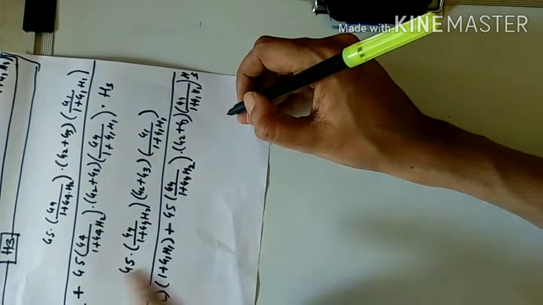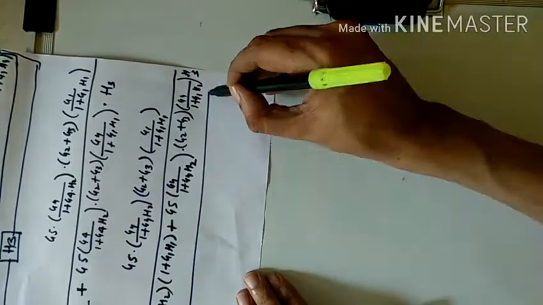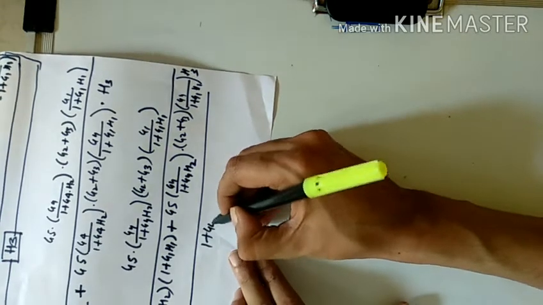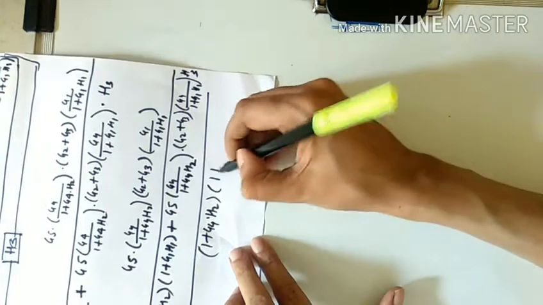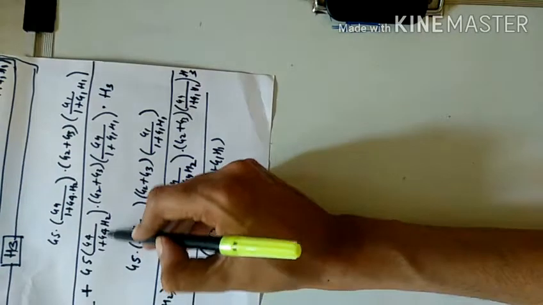Clear. Cross multiplication. And what will be in the denominator? In the denominator, 1 plus G4 H of 2 bracket 1 plus G1 H1. This is the LCM, the denominator part 1 plus G4 H2 and 1 plus G1 H1. This will remain as it is. By doing cross multiplication we got this answer.